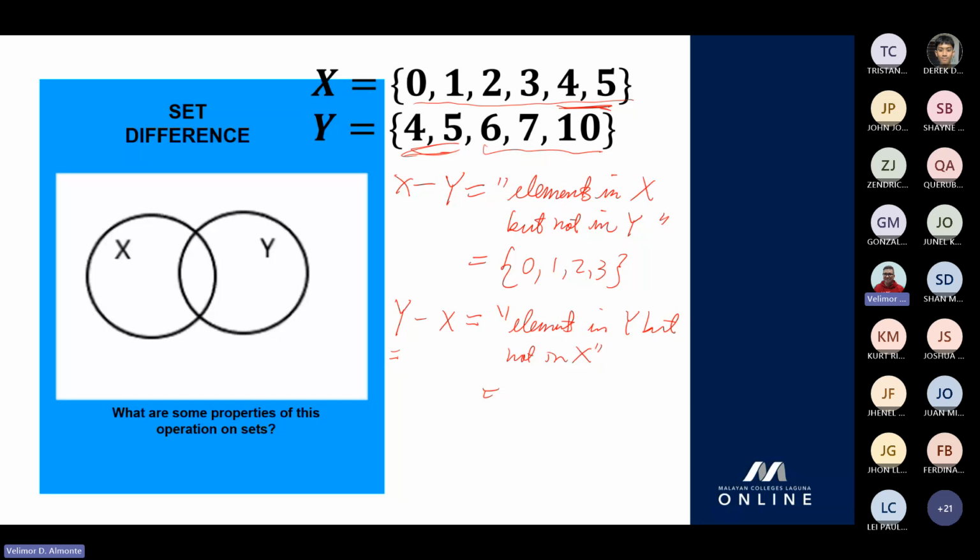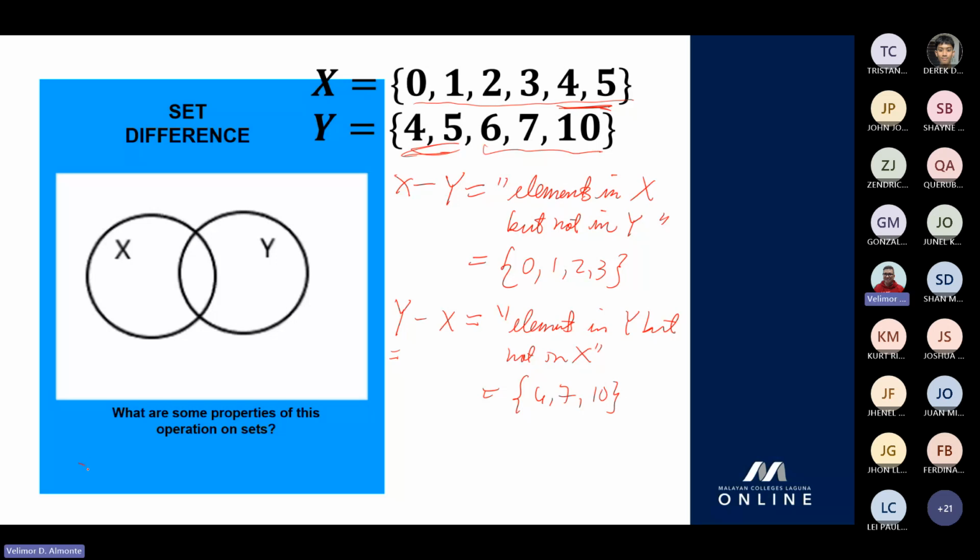They don't have any effect. The excess numbers don't have any effect. Only the common numbers are deleted. So in this case, yung laman ni y ang masusunod. Since I have 4, 5, 6, 7, 10, delete 4, 5, what's left is 6, 7, 10. That is when you have y minus x.